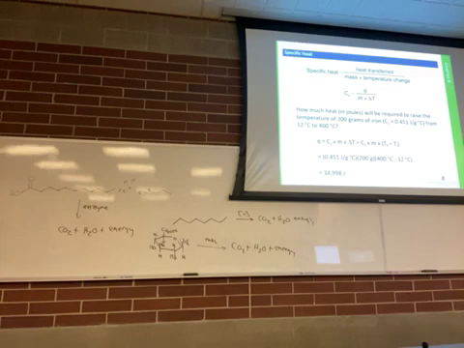Okay, here's what you need to be thinking about. Did the system gain energy or lose energy, or in this case, gain heat or lose heat? What's the label here? Is it positive or negative? Positive, therefore it's endothermic.